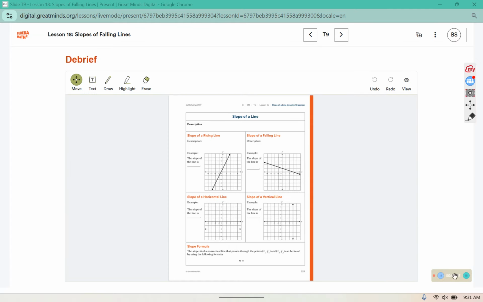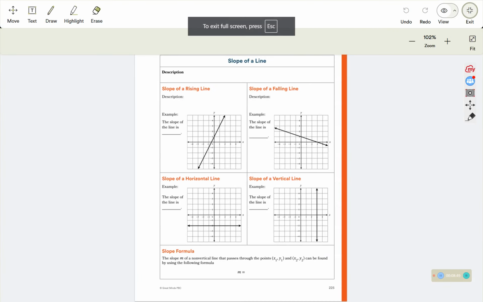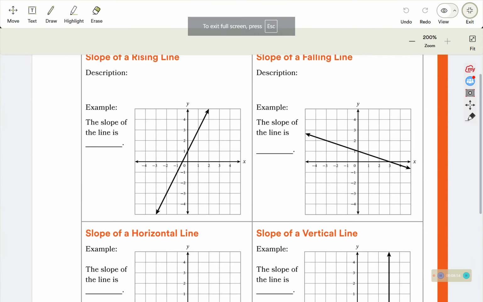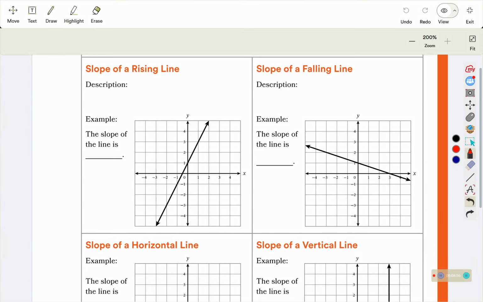Head back to page 225 in your workbook so we can add more notes for the description of a falling line. So for this one, it has a slope. It goes down 1 and right 3, so it has a slope of -1/3.